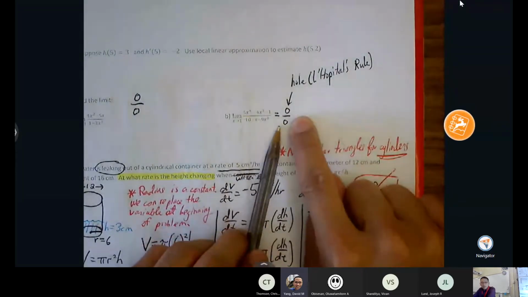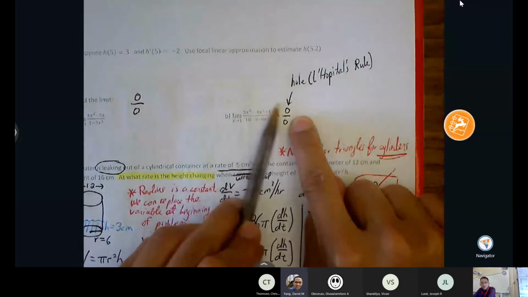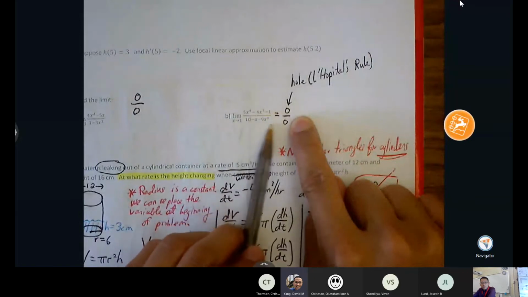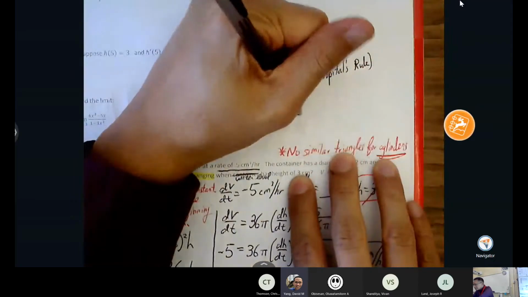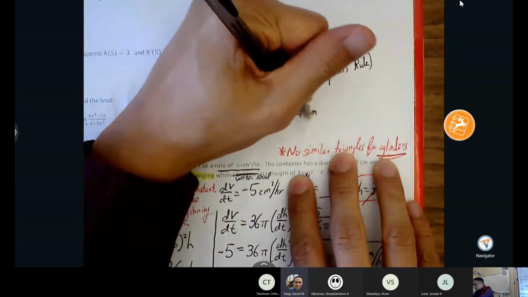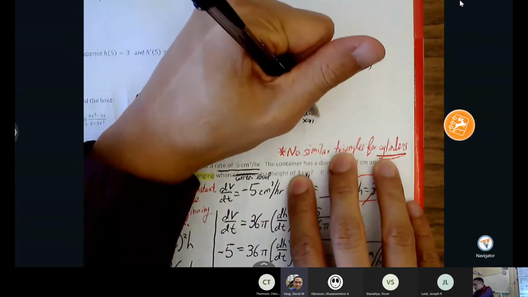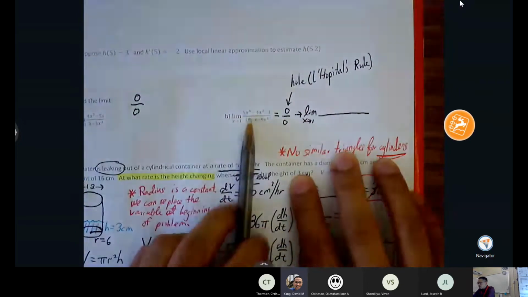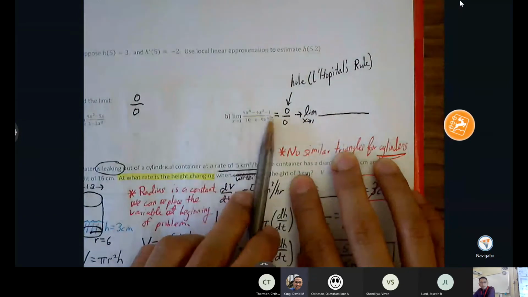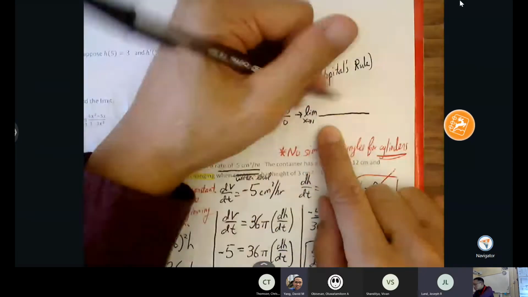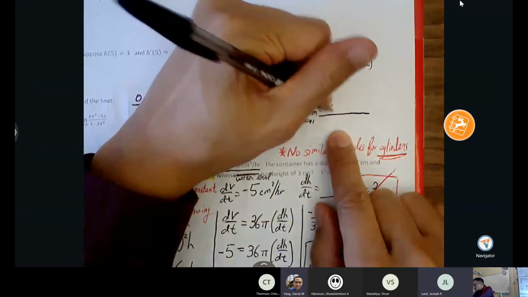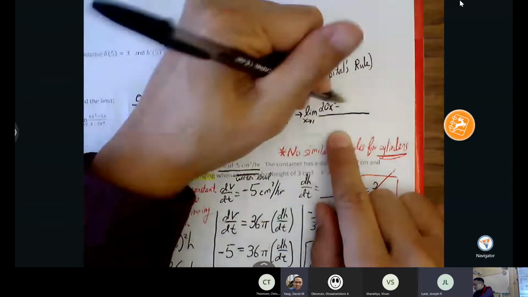So we have the license to use L'Hopital's rule. We can find the derivative of the top, and then separately, we'll do power rule for the bottom as well. What's the derivative of each of the terms up here? 20x to the third minus 8x.